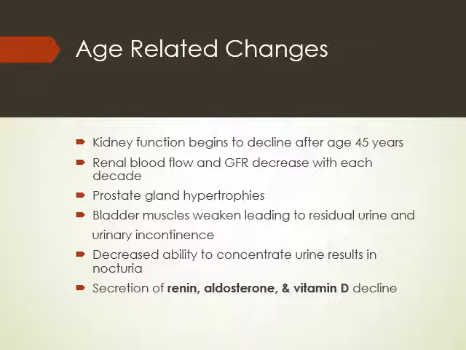Renin activates the renin-angiotensin-aldosterone system, and what it does is cause angiotensinogen, which is produced by the liver, to convert to angiotensin 1, and angiotensin 1 converts to angiotensin 2, and that's caused by your angiotensin converting enzyme.